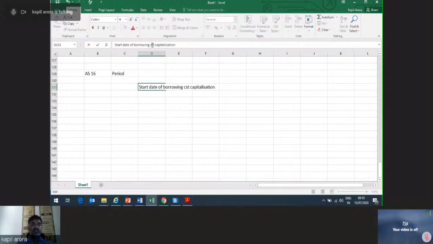If we find out the start date, it will be easy for us to understand what the period would be. The start date of borrowing cost capitalization we also call the commencement date.